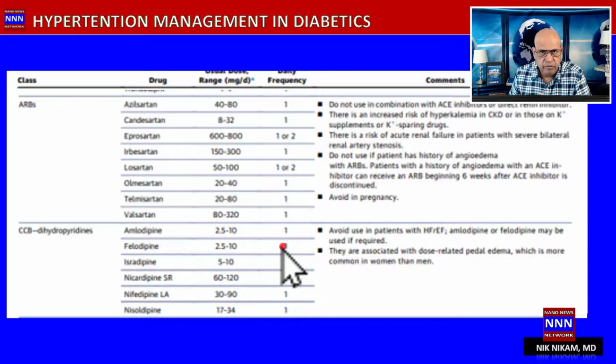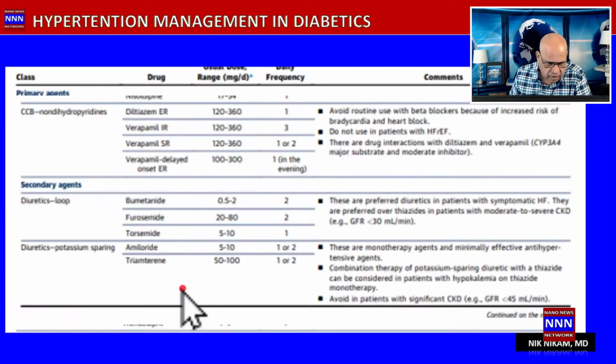ACE inhibitors, persistent cough due to bradykinin release in the lung tissue. And after that, we have the loop diuretics, which are more powerful than the thiazide diuretics, but they also cause significant hypokalemia, which we need to address. And there are potassium sparing drugs like amiloride or triamterene, but we need to use them with caution in patients with renal failure because they can develop hyperkalemia.